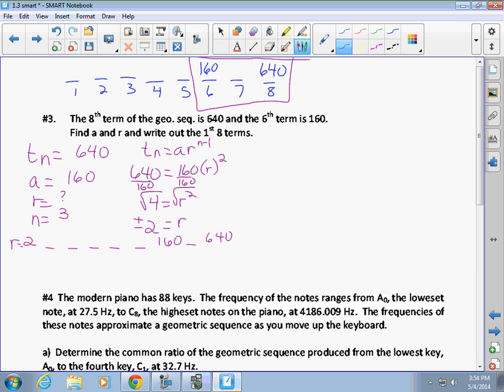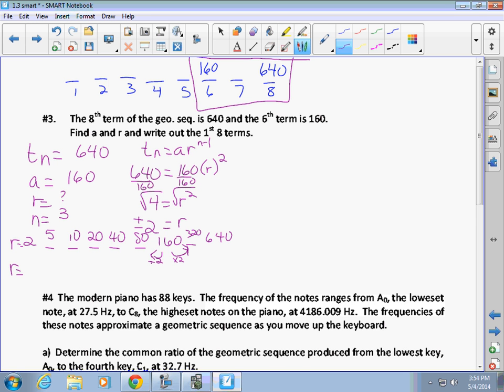So I know I have to multiply by 2 in this direction. 160 times 2 will give me my 7th term, so that's 320. 320 times 2 is 640. So now to go the other way, this will be 160 divided by 2. So that'll be 80. If I divide by 2 again, will be 40. Divide by 2 is 20. Divide by 2 is 10. And divide by 2 is 5.